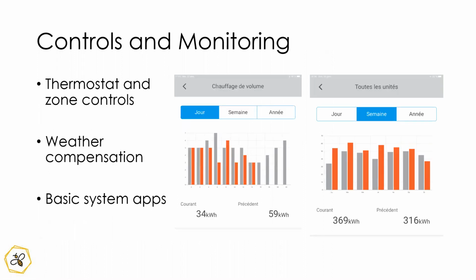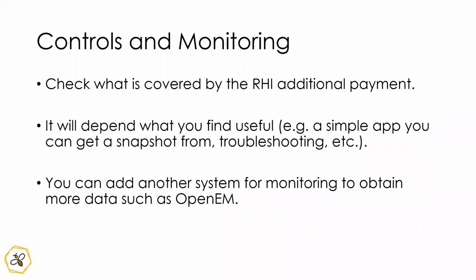And then in terms of controls and monitoring, you will get an app with each type. I can't tell you which are the best, but you can also integrate it with your own or add your own monitoring.